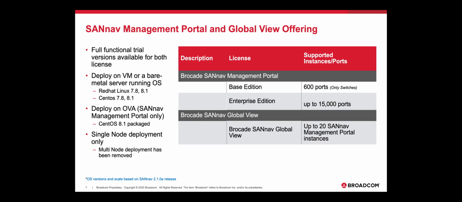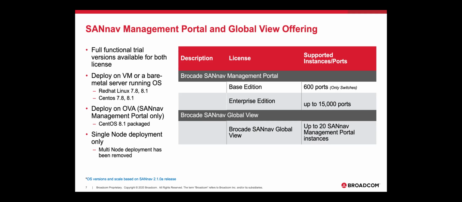Brocade Management Portal has two editions. One is a base edition. The other one is an enterprise edition. The base edition allows you only to manage up to 600 ports. And with that edition, you cannot manage directors. If you need to manage directors, you need to have the enterprise edition, which can scale up to 15,000 ports. And when I say scale, I really mean scale, because BNA, for example, has lots of issues when you reach 9,000, 10,000 ports.